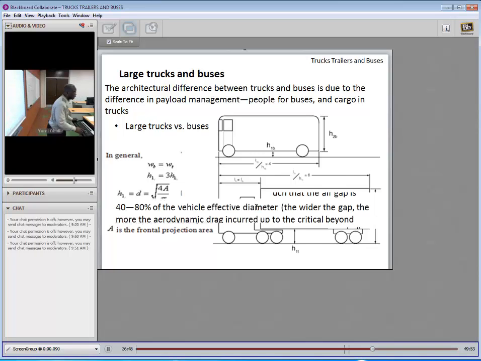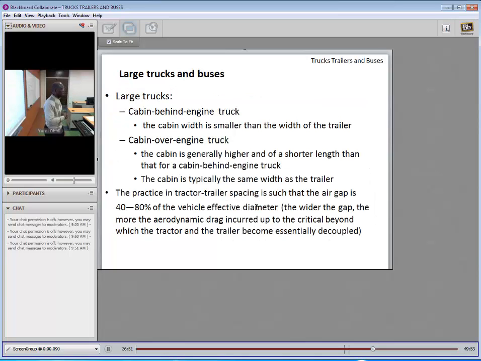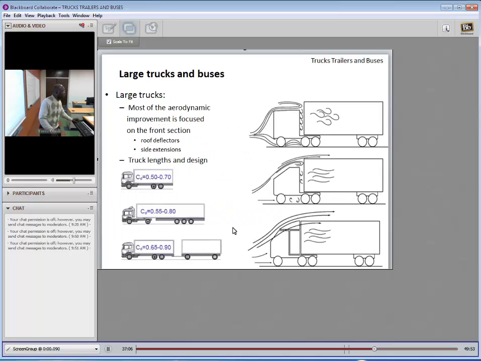But that's the air gap space, and it is 40 to 80% of the effective diameter, which we looked at earlier. Now, the wider the air gap, the more the aerodynamic drag incurred. Understandably so. The wider this is, the more is going to be the drag, because the flow going in here only increases drag. And one of the things that has been done over time is to put material here.